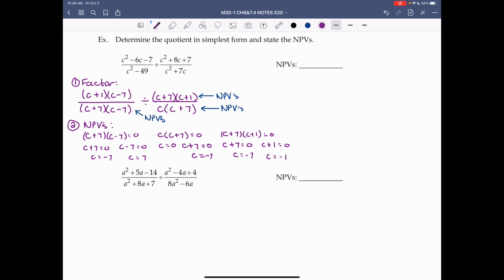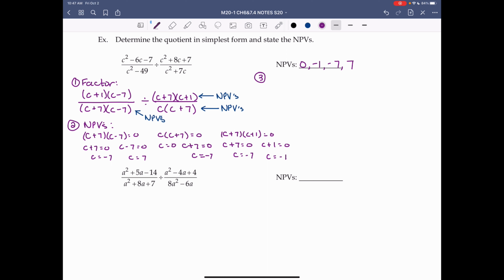Then our NPVs: we had c equals negative 7, c equals 7, c equals 0, c equals negative 7, c equals negative 7, and c equals negative 1. So the only one that was different was 0. We have 0, negative 1, negative 7, and positive 7.